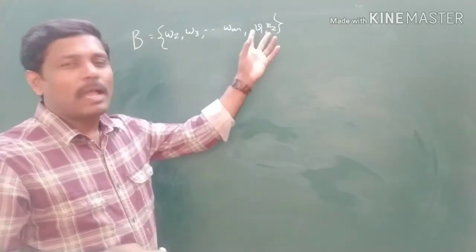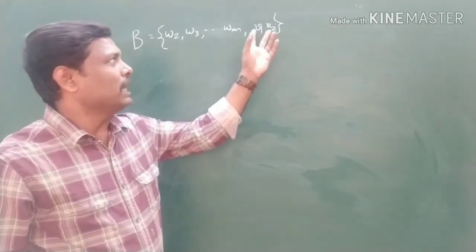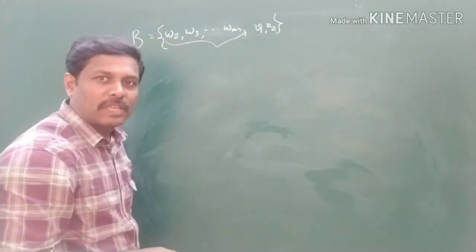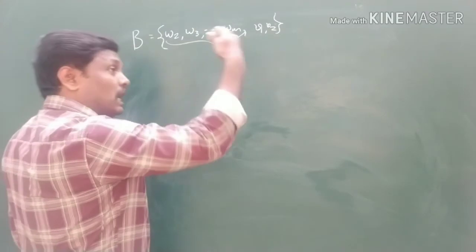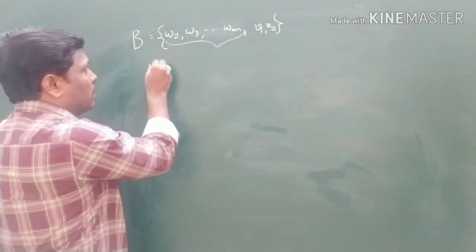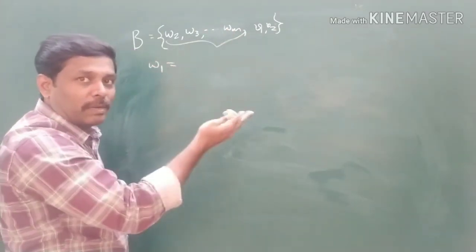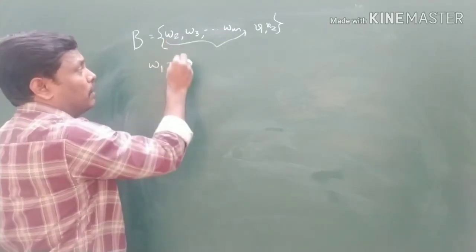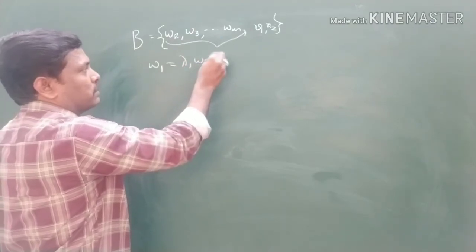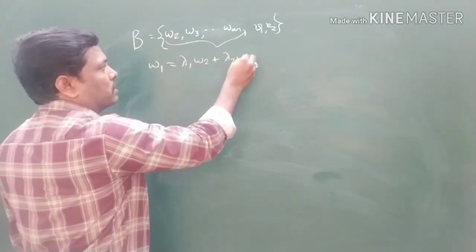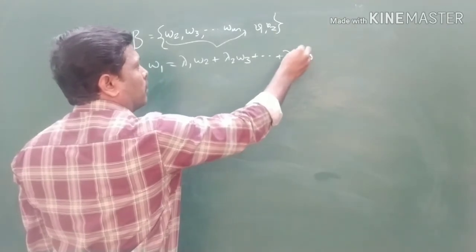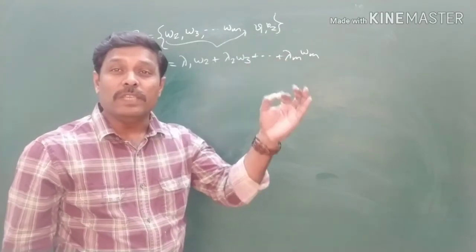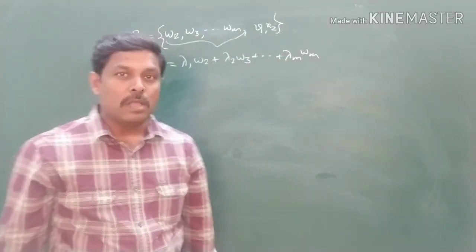Suppose that I'm not taking any element from V1, V2, Vn. So only the W elements are left in this set, and therefore for the element of V, that will be W1, if we take it, it can be written as a linear combination of these vectors, lambda 2 W2 plus lambda 3 W3 up to lambda m Wm, because we have not taken a single V from V1, V2, Vn.